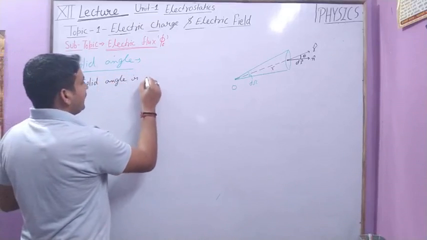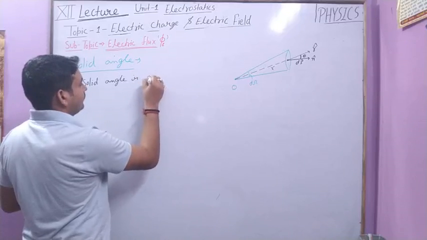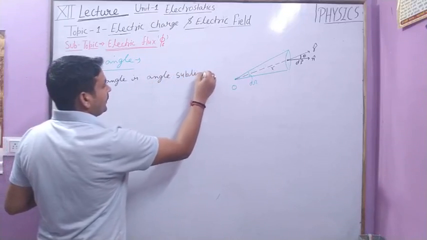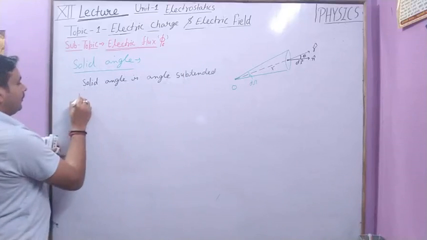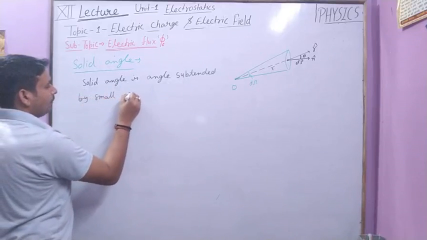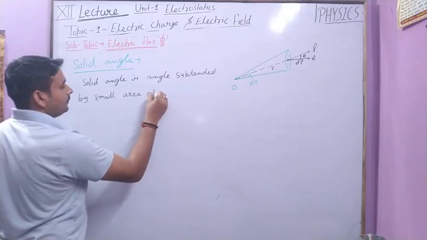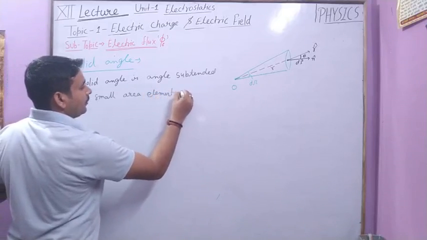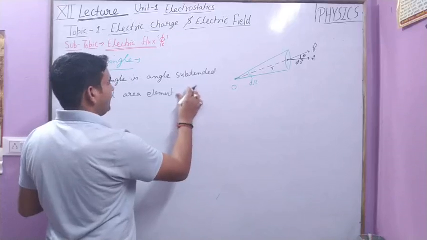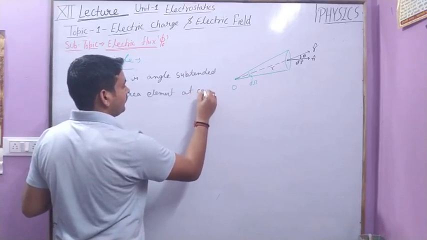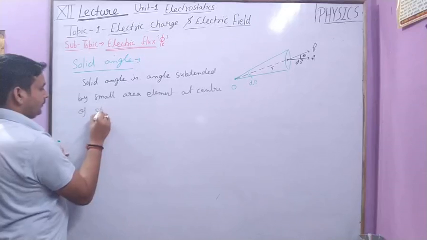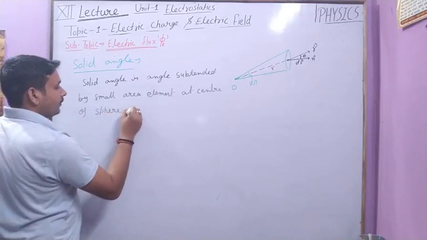Solid angle is the angle subtended by a small area element at the center of a sphere of radius r.